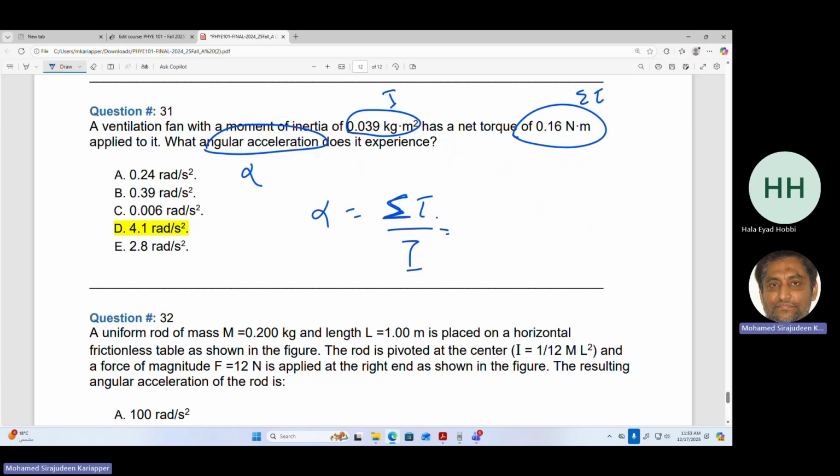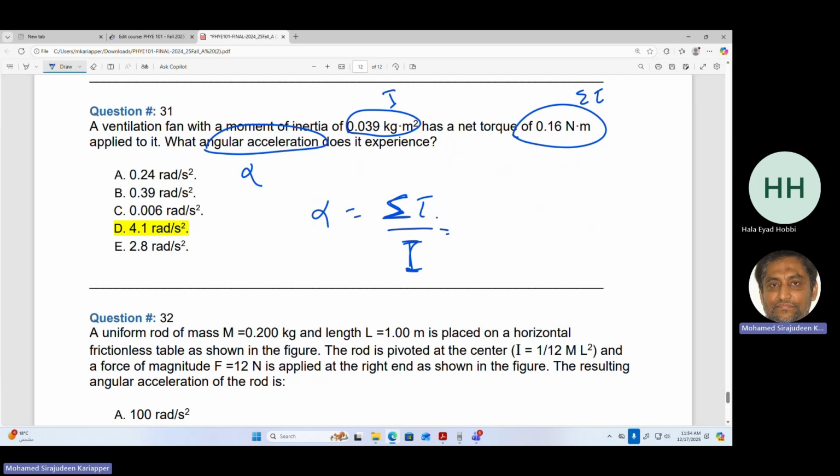The tendency of a force to rotate is represented by the torque of the force. So force is replaced by torque, acceleration is replaced by angular acceleration, and the mass, the normal regular inertia, is replaced by the rotational inertia.